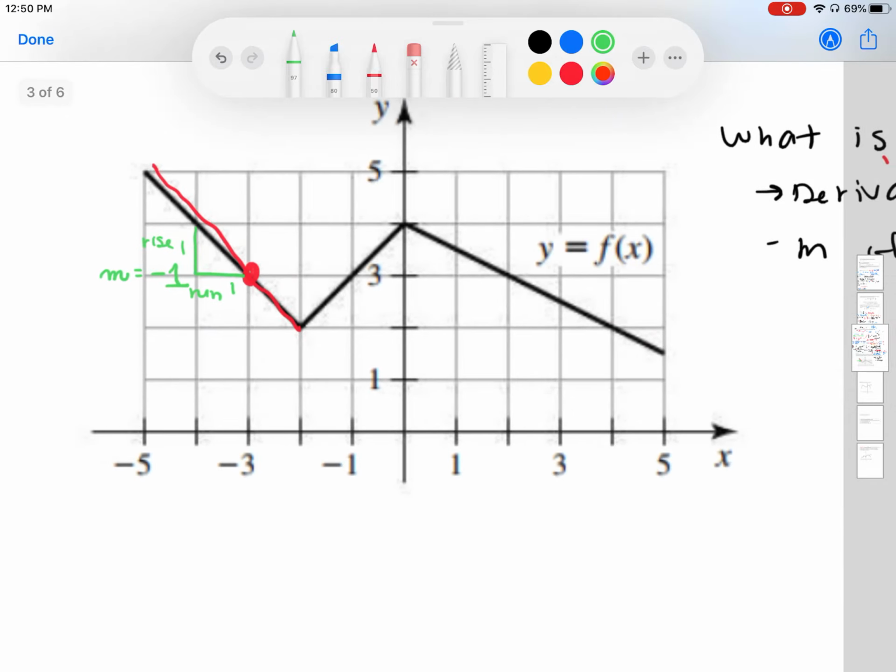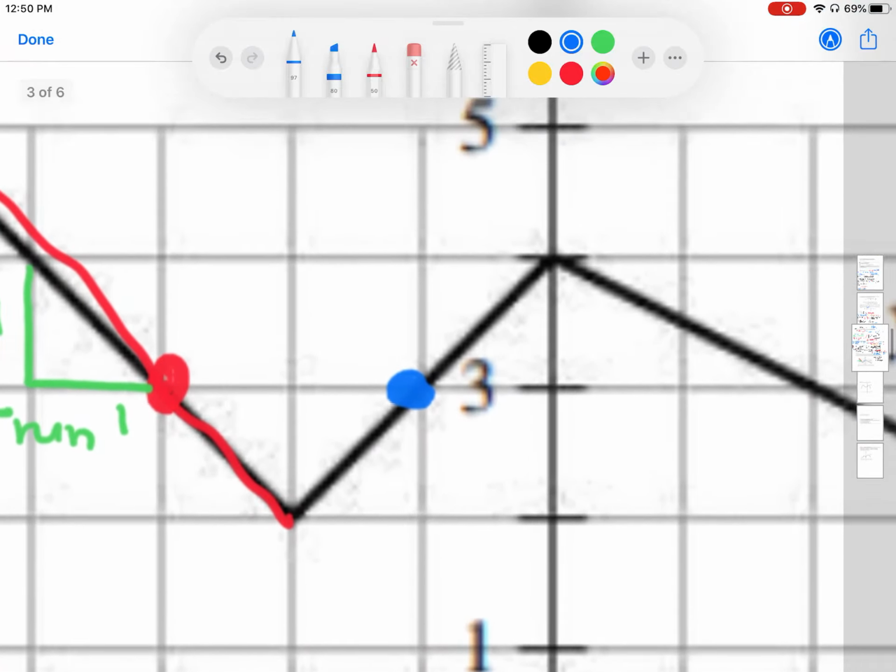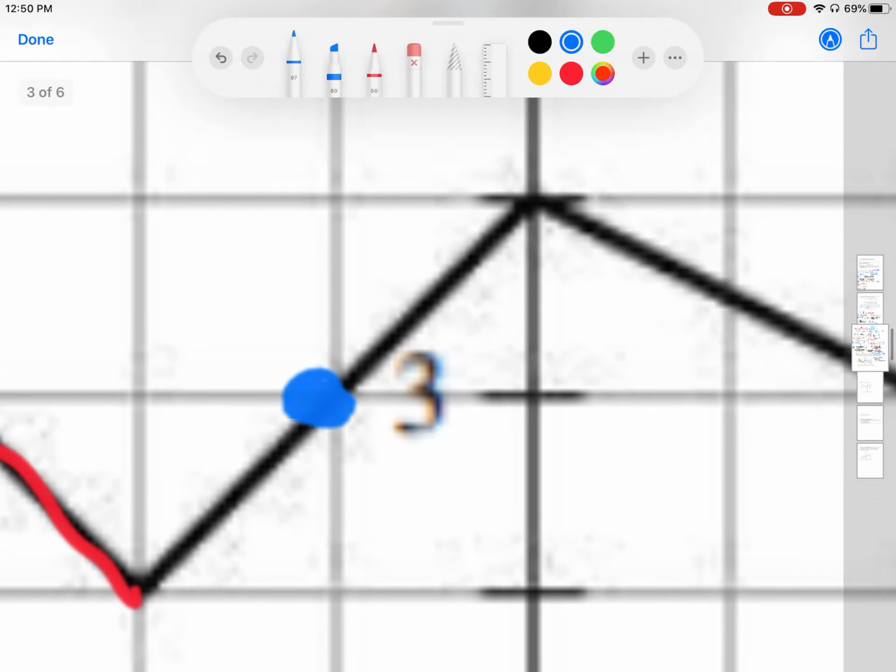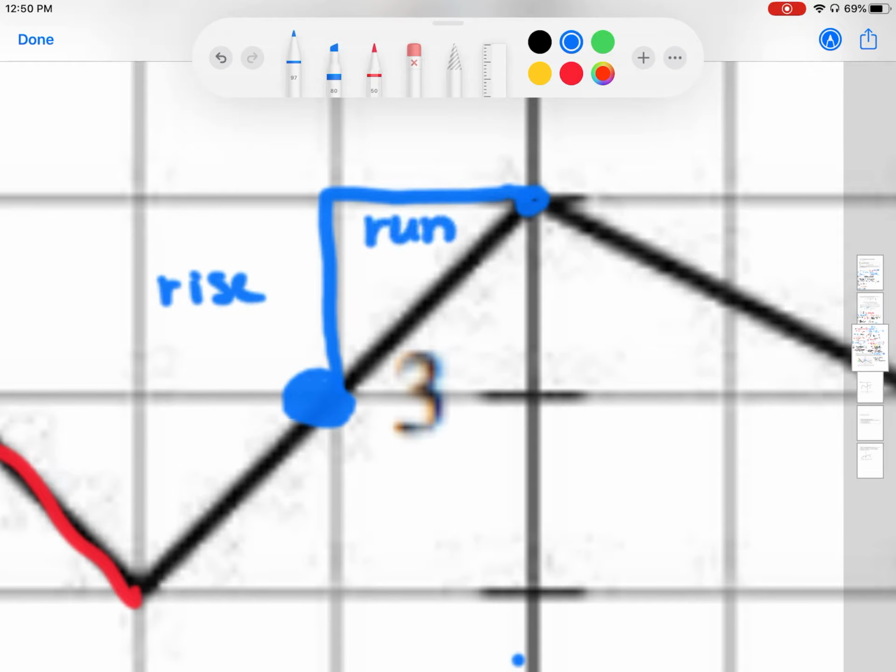Pretty cool, right? Now what's going on right here? Just pick a point on the line. Well, remember your slope is your rise over run. So here we're going up 1 over 1 to find our next point. So we go up 1 over 1. Our slope is positive 1.